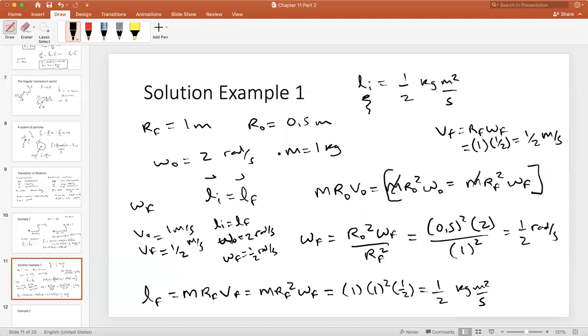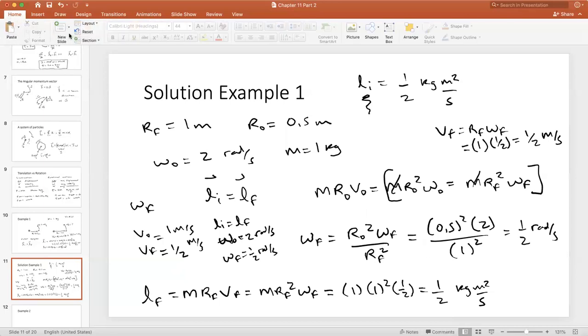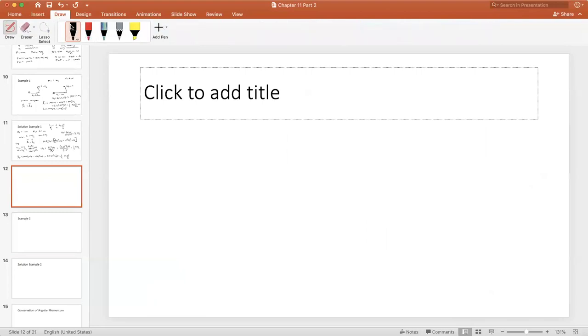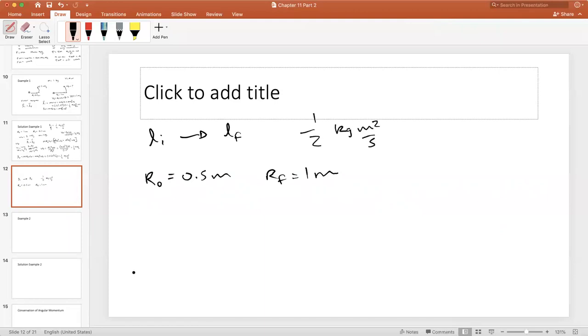So when it moved out, the angular momentum didn't change when it changed position. When R initial went from 1/2 meter to R final being 1 meter, the angular momentum didn't change. It stayed 1/2 kilogram meter squared per second.